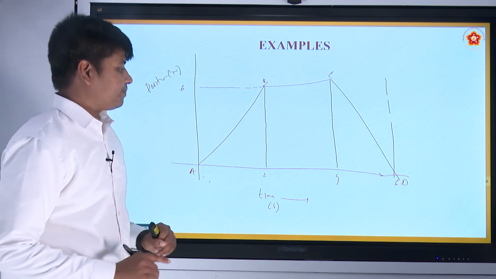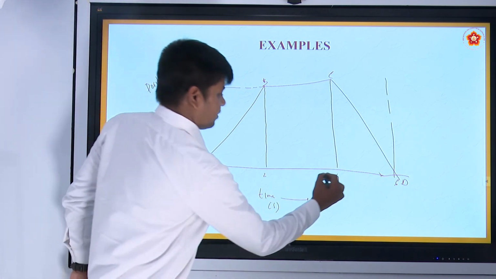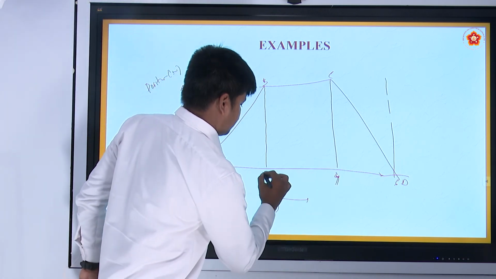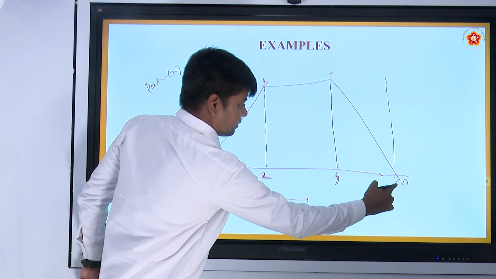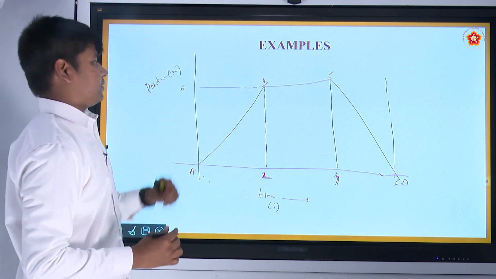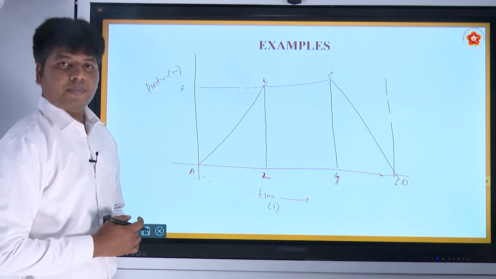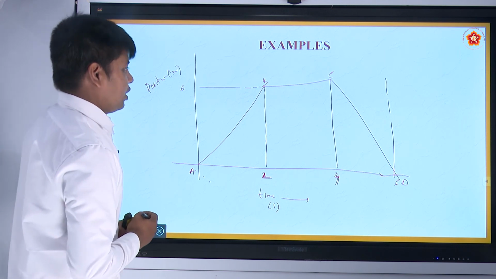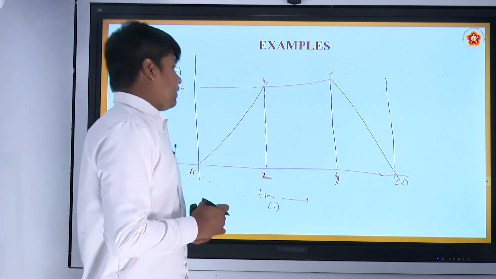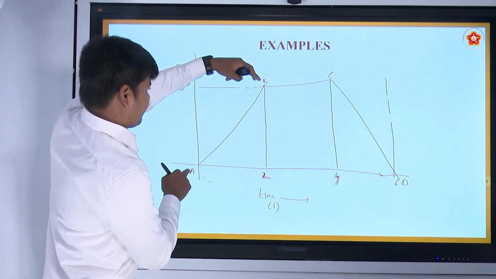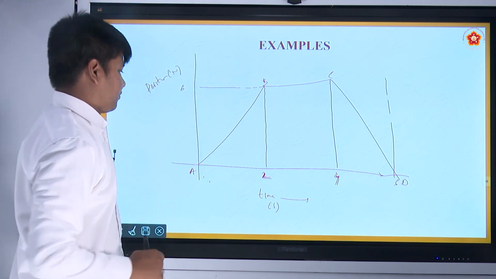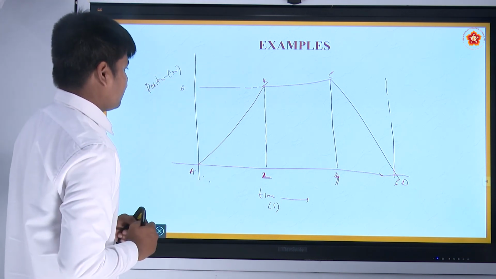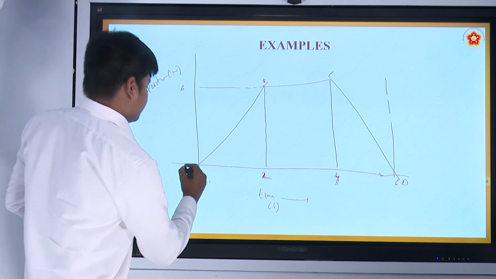Pause the video. I have given you the values. I hope you have already solved it. Let us see the velocity for the segment AB. What is the change in position?